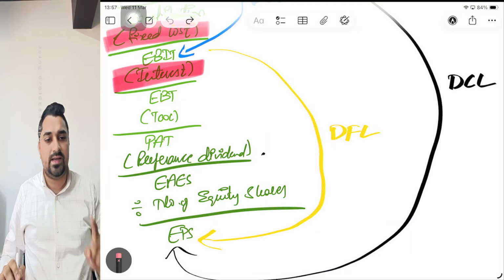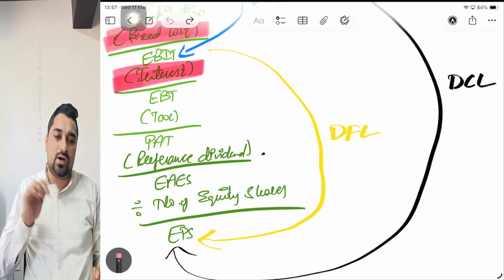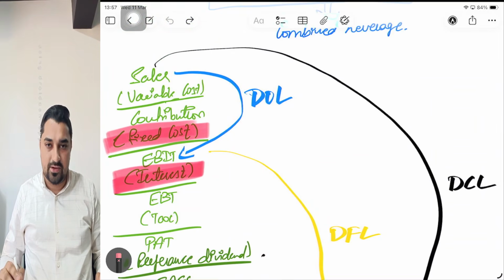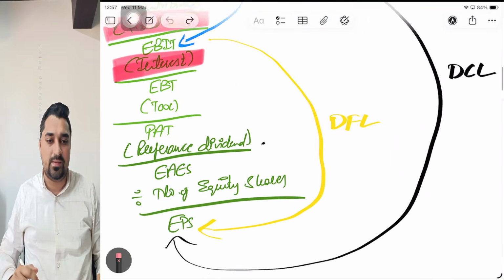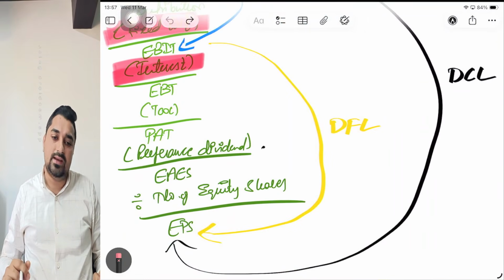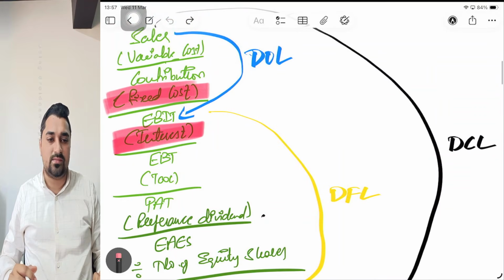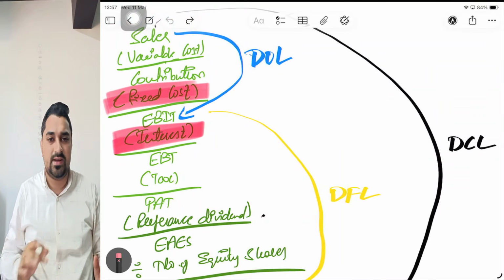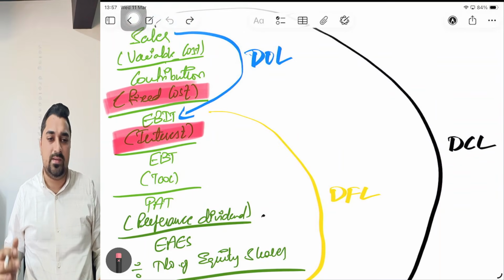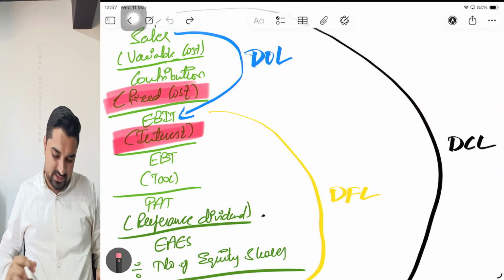If I change my EBIT by 1%, by what percentage will my EPS change? Now if you see the bigger arrow mark, degree of combined leverage measures the impact of change in sales directly on EPS. It means a 1% change in sales will lead to how much percent change in EPS. This is what leverages measure. Leverages are measuring risk, specifically operating risk, financial risk, and combined risk, and they measure the impact of change in one variable on another variable.